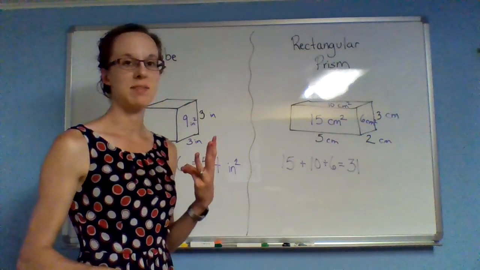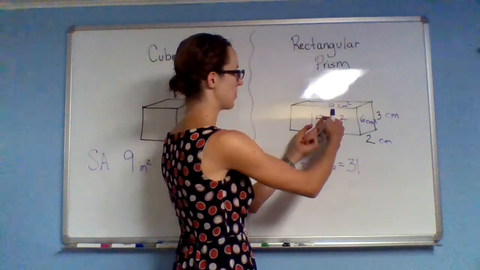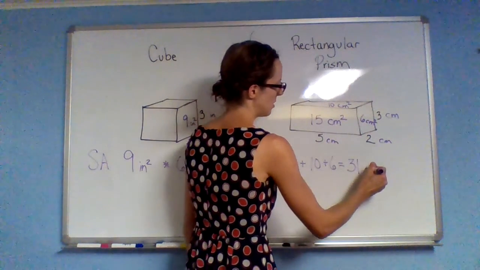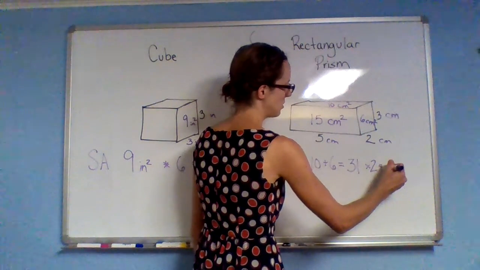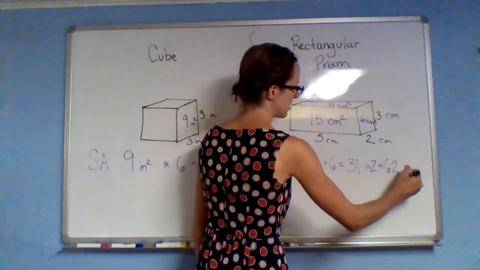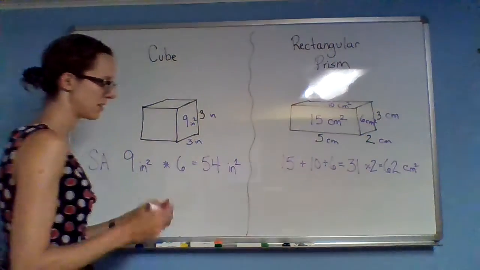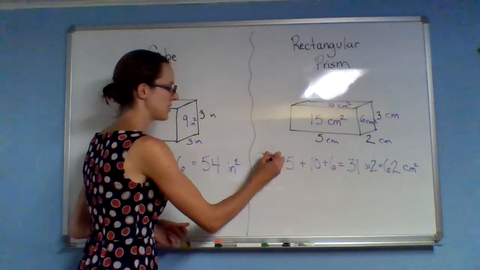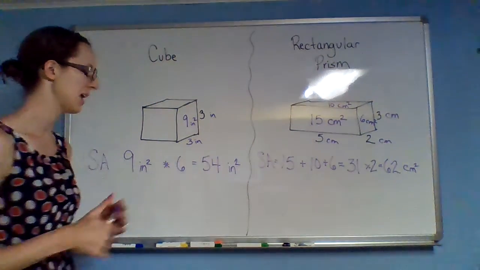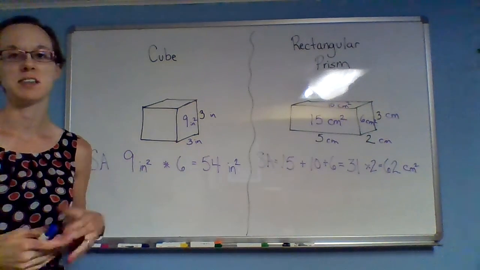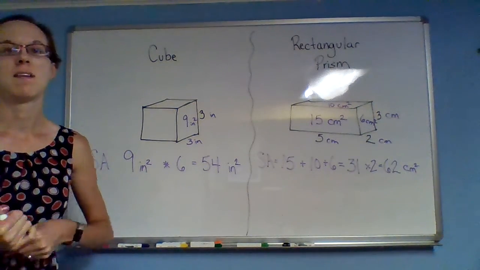So that's only 3 of the sides. I also need to do the one that would be opposite this, the one opposite this, and the bottom. So I'm going to multiply that by 2, which is going to give me 62 centimeters squared. So surface area, again, is the area of material that it would take to create the shape.